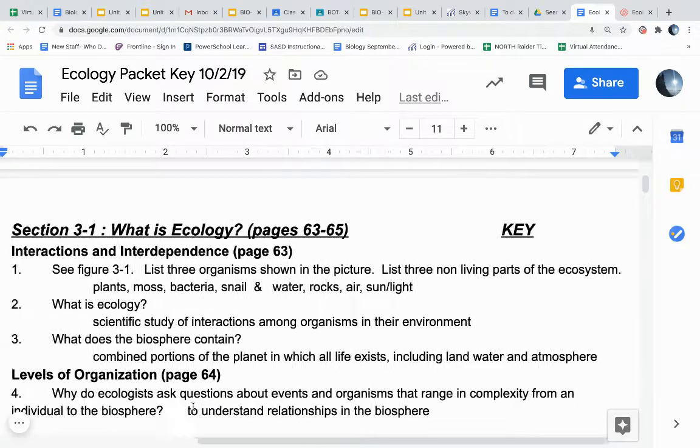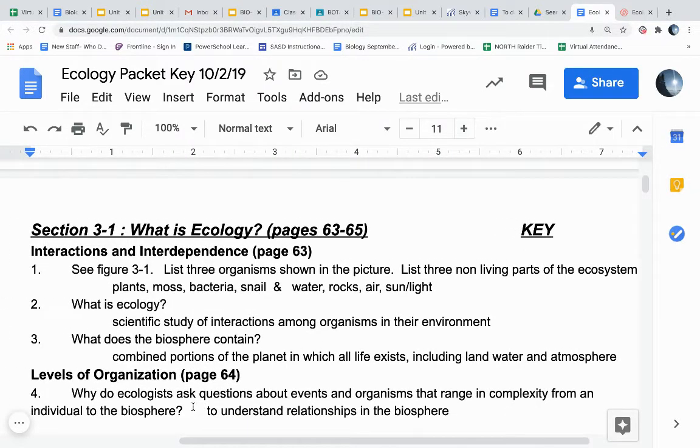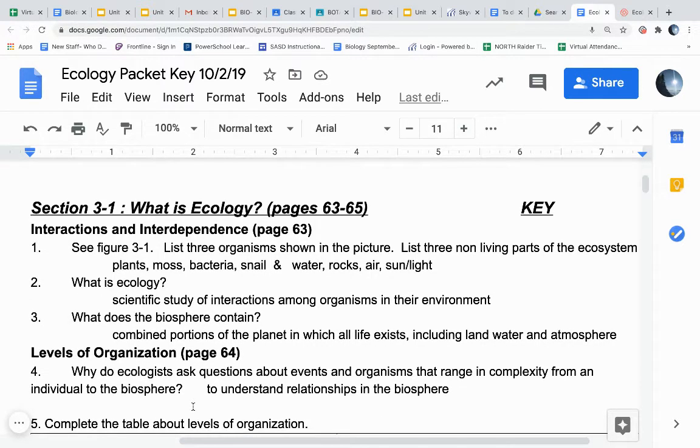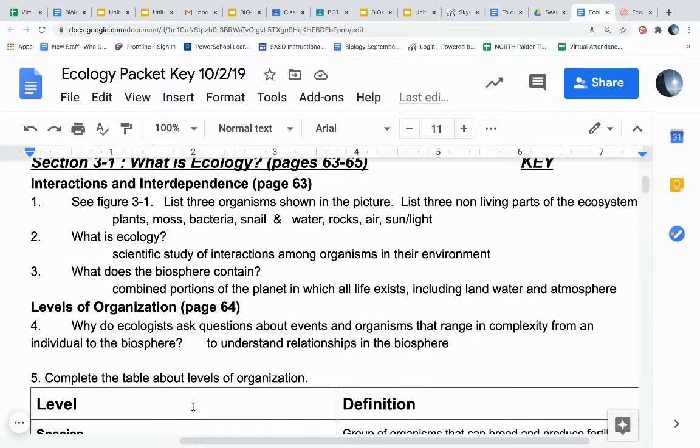These are all questions that we can answer by researching ecology, so it's a really important field, especially in today's day and age. Number 5, complete the table about the levels of organization.